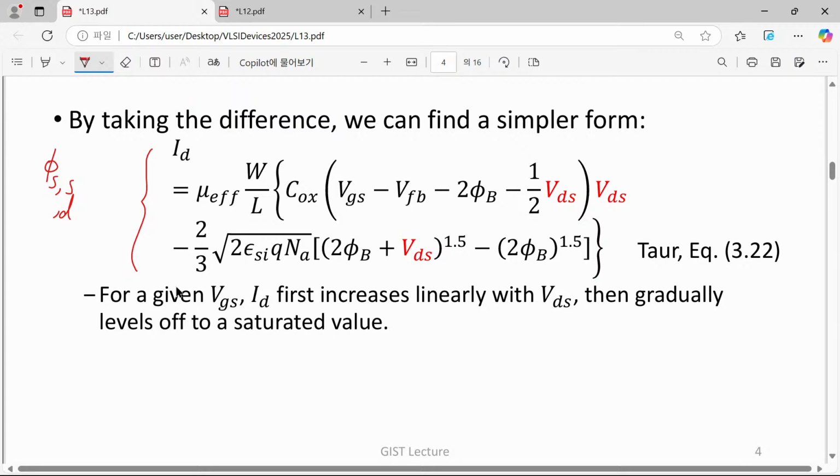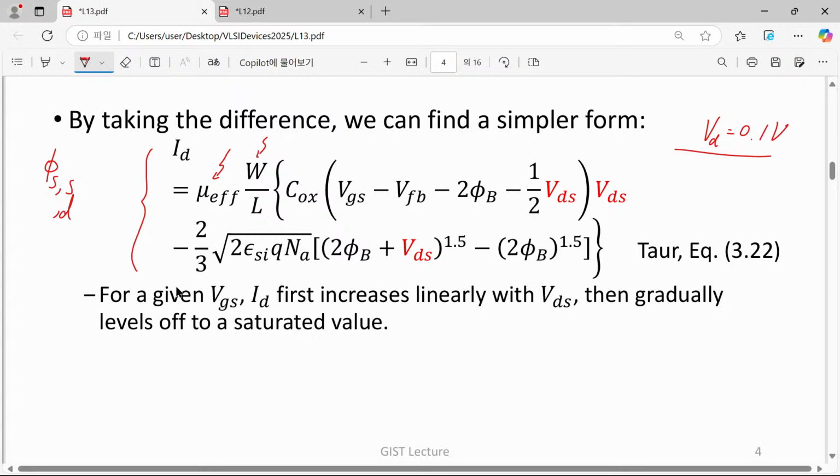Now think about the situation. Let's say your drain voltage is 0.1 volt, and try to evaluate it without solving any nonlinear equation. Do you know mu effective? Yes, this is given as a certain number.